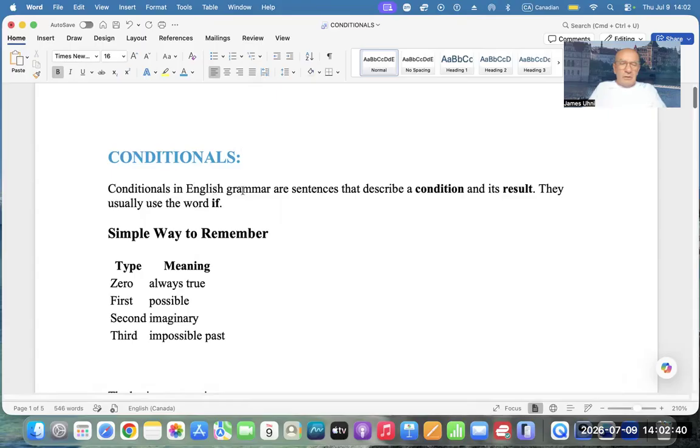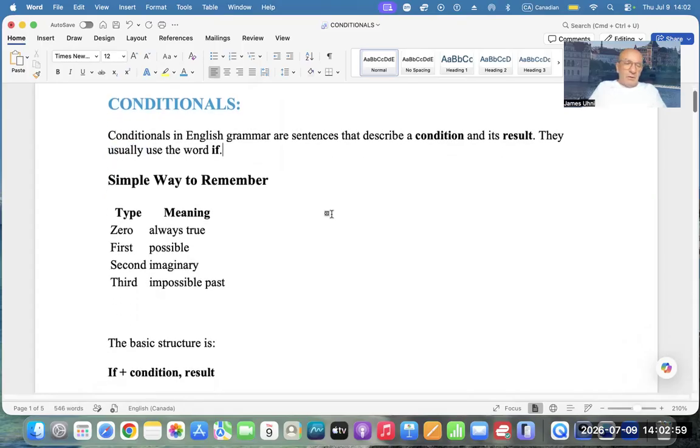Conditionals in English grammar are sentences that describe a condition and its result. They usually use the word if. Remember, usually, not always. Now, there are 4 conditionals, and they are easy to remember.